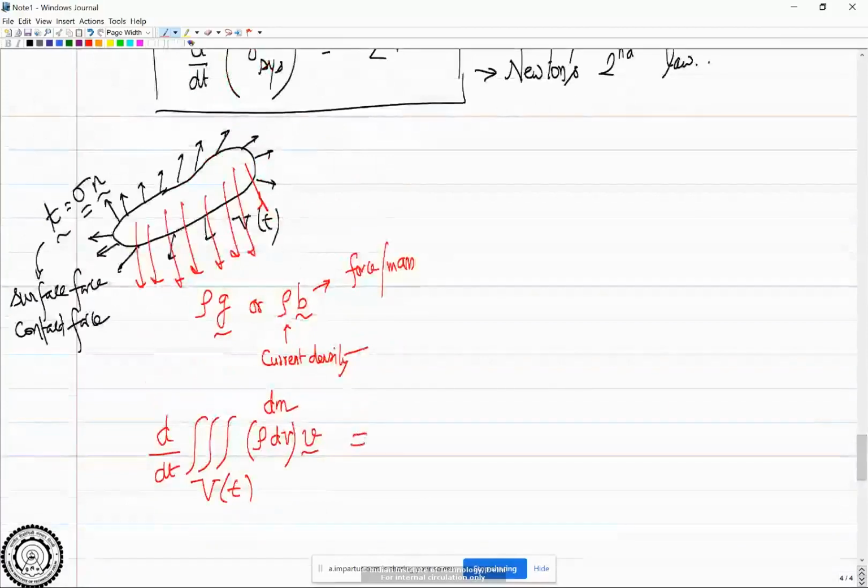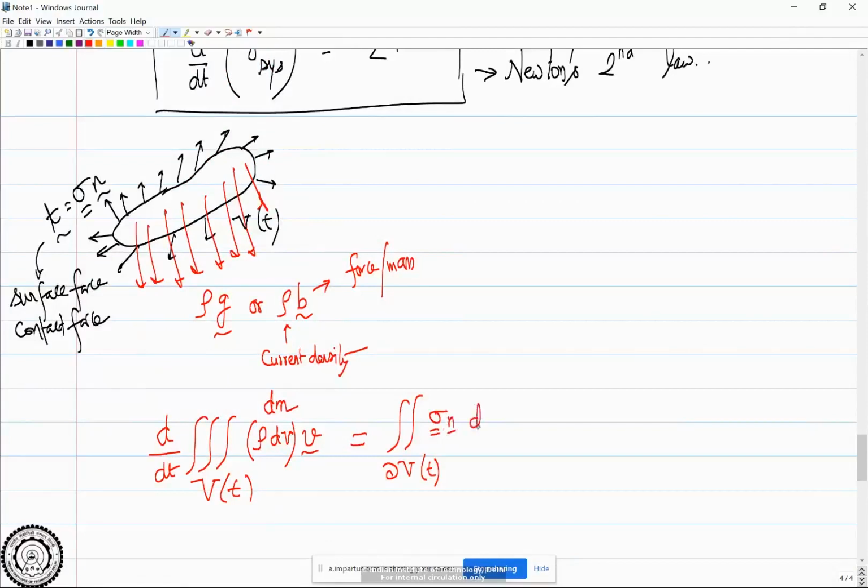On the right hand side, I have to write down the total external force, which in this case is the traction force and the body force. The traction force is the integration over the surface, del Vt, of sigma into n into dA.